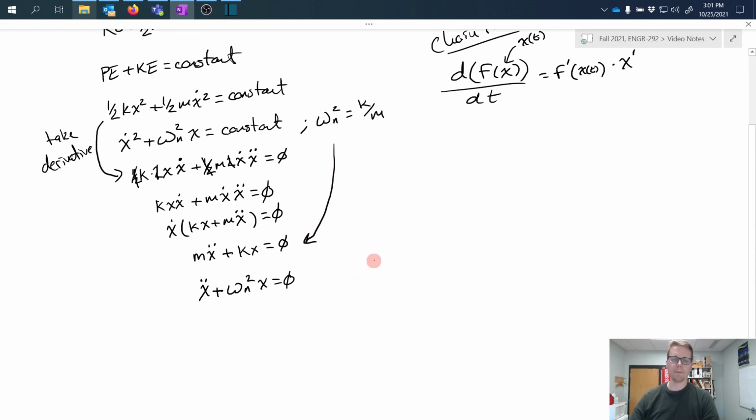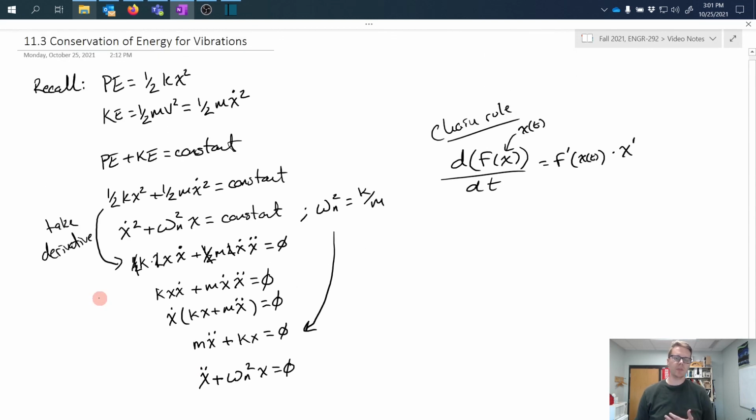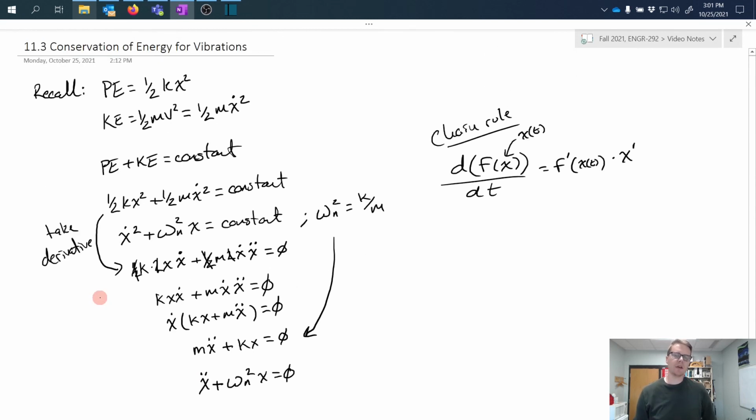So all I've really done is re-derive my standard form equation. The reason this is useful is because all I had to do to get there was take my energy, recall that by conservation of energy it is constant, take a derivative of it, and I got my standard form equation.